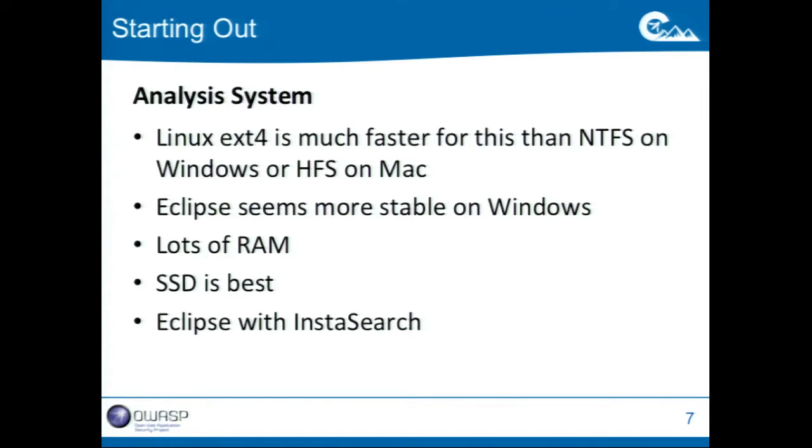However, Eclipse, I found, is much more stable in Windows. Again, you're dealing with hundreds of thousands of classes, so this is beyond the normal type of behavior that Eclipse was probably designed for. The more RAM you have, the better. Of course, it's all Eclipse. It basically indexes your code base and allows you to, within under a second usually, retrieve results for simple text queries.